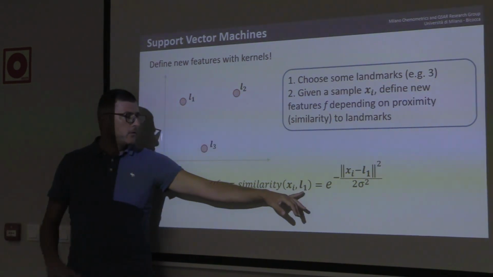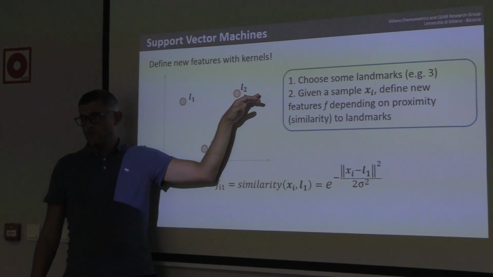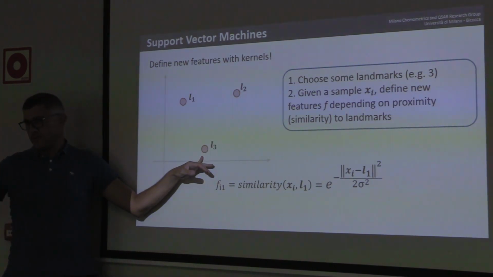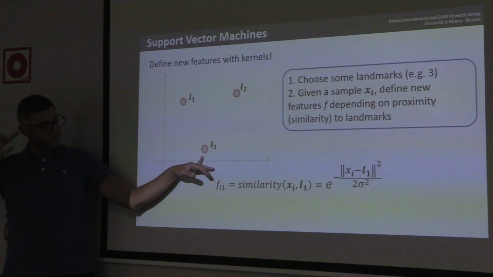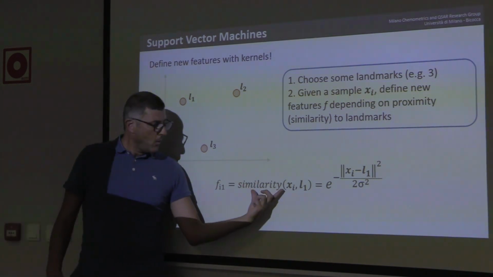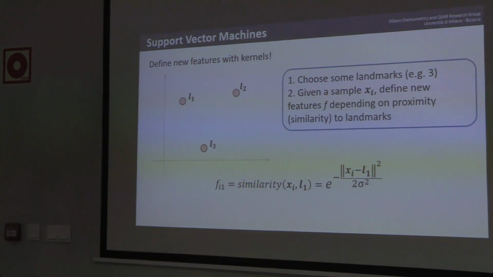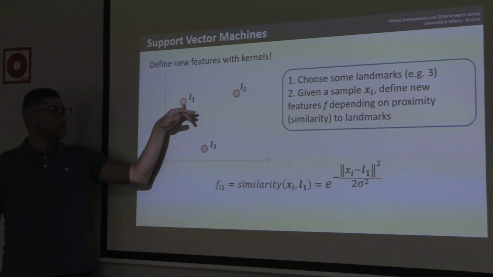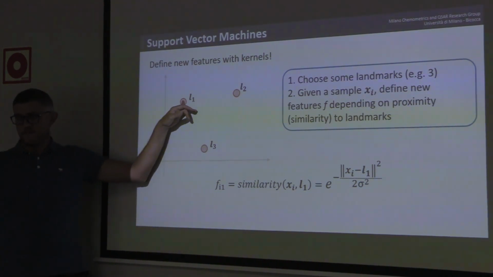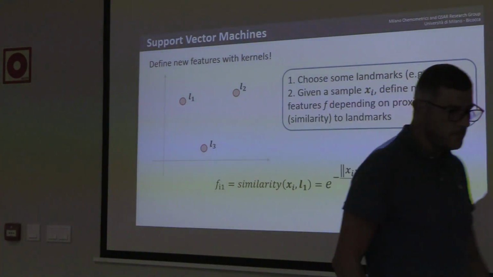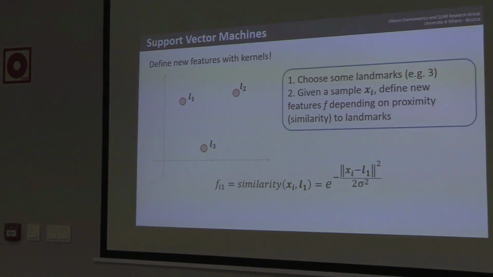Then we can do the same for the second and for the third. These are independent. What do I mean with similarity? It is a measure of the proximity of a sample to the landmark.